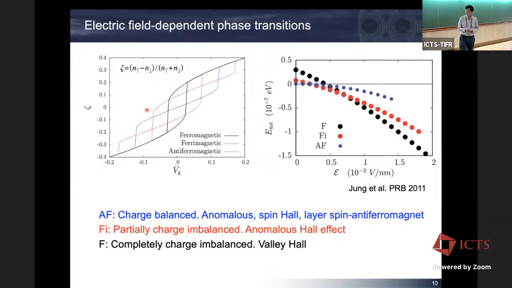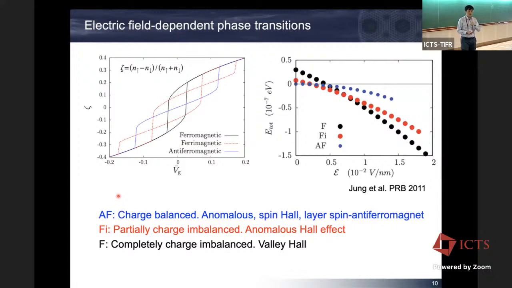And that's what is represented here. Again, ferromagnetic and antiferromagnetic refer to pseudospin magnetism. And these are all the hysteresis curves as a function of carrier density and as a function of electric field. But again, AF, antiferromagnetism, means that the charge is balanced.